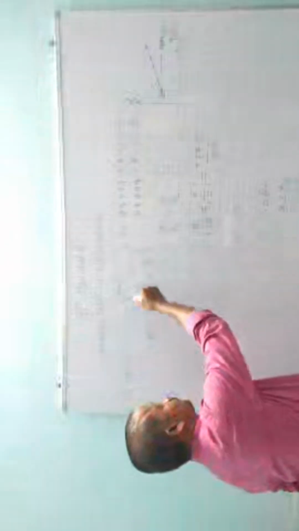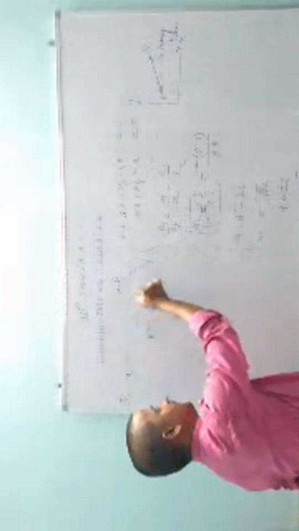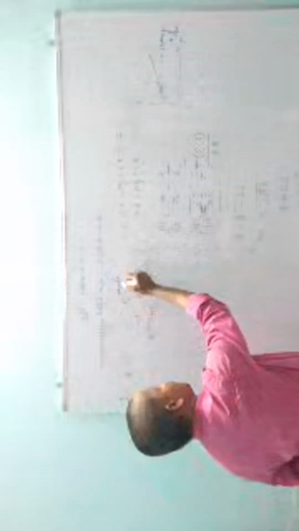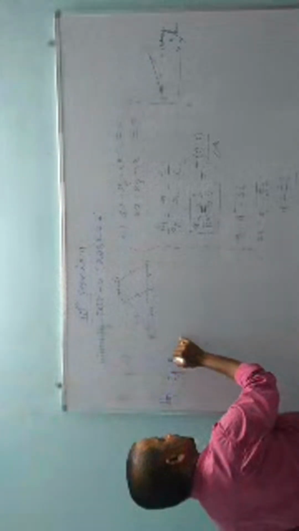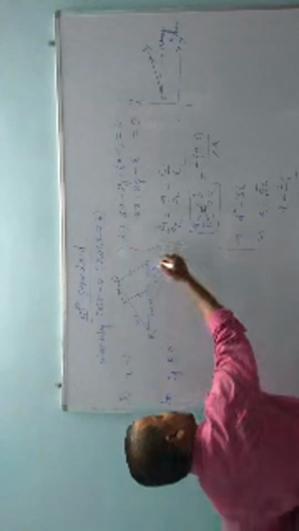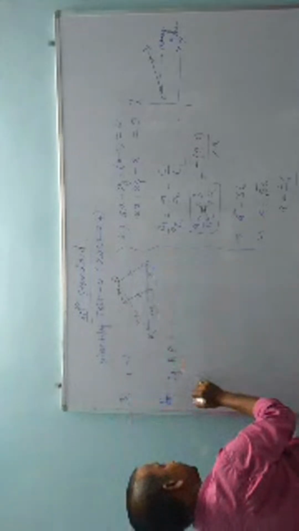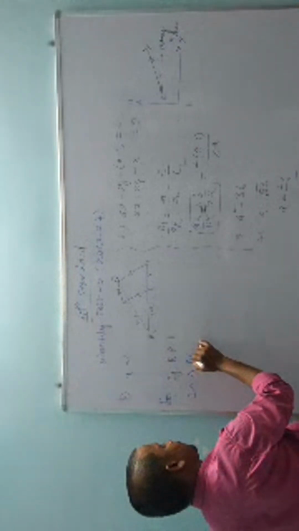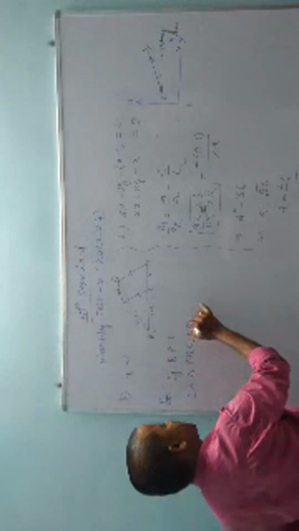So do you know, in a triangle, if a line is parallel to one side of the triangle, then the line divides the other two sides in the same ratio? So we get here PL by LR is equal to QM by MR, by the basic proportionality theorem. In this triangle PQR, LM is parallel to PQ.